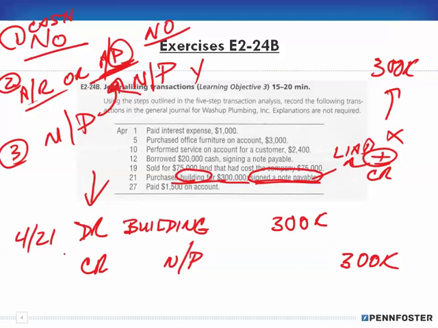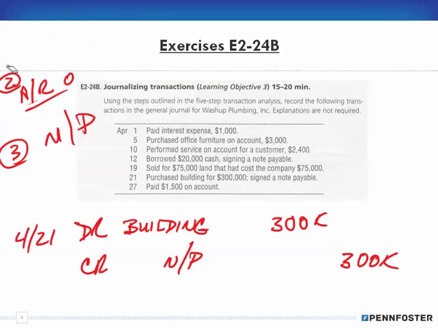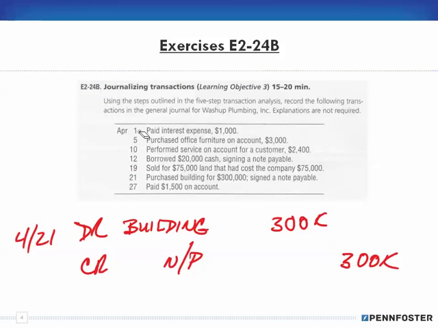Notice I didn't have to think about whether that was a debit or a credit. I was able to back into the right journal entry for that line item, just because I know my debits equal my credits, and I dealt with what I knew to be easiest first, which was this credit to notes payable.